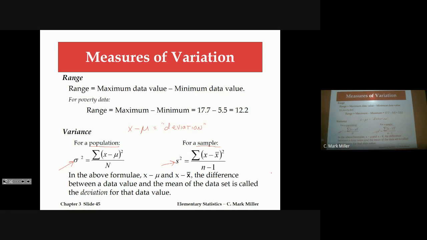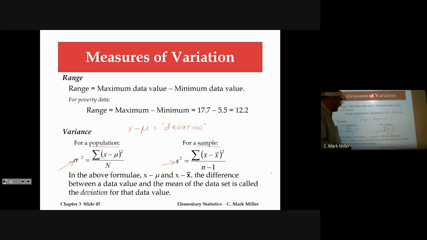However, if we did that, the more spread out data are, you'd expect them to have more deviations, higher deviation. But if we did it this way, just did x minus mu, the positive deviations, if we added them up, would cancel out the negative deviations. And you don't want that to happen.